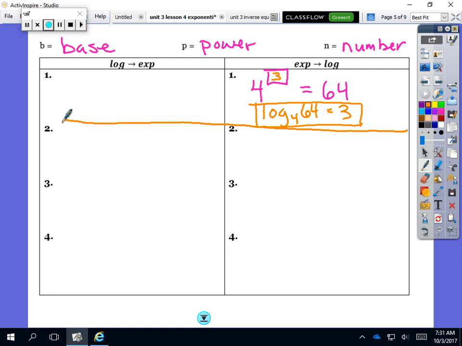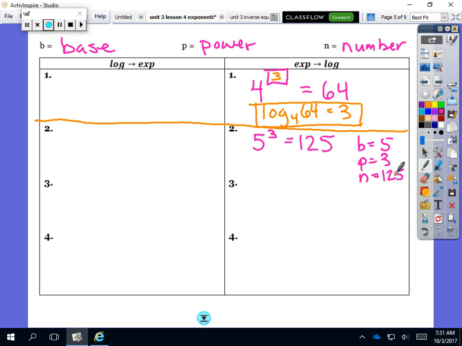Another way to think about it is just to figure out what numbers are your b, p, and n. So if I had 5 to the third power equals 125, I already know the power is 3. How could I write this as a logarithm? This is exponential form, this is log form. Well, you know the b, the base, is 5, you know the power is 3, and the number n is 125.